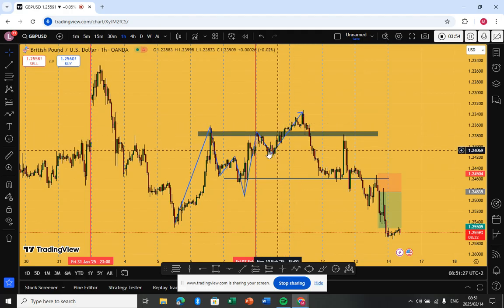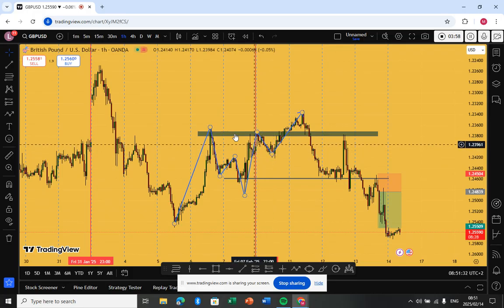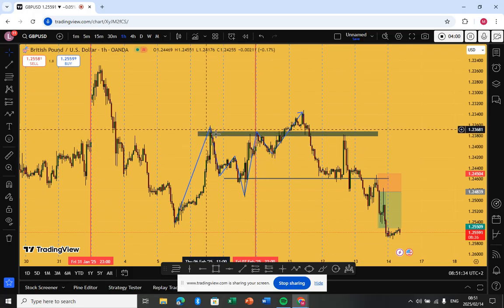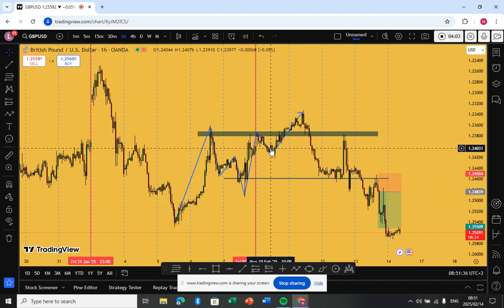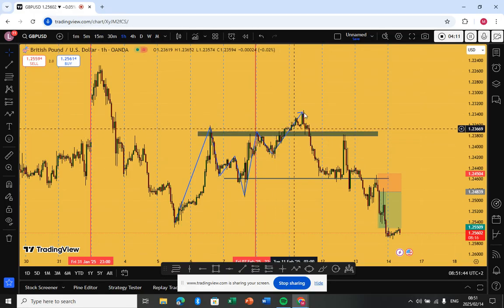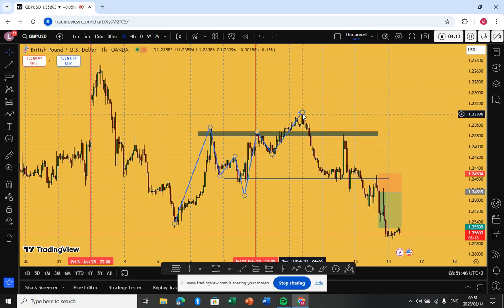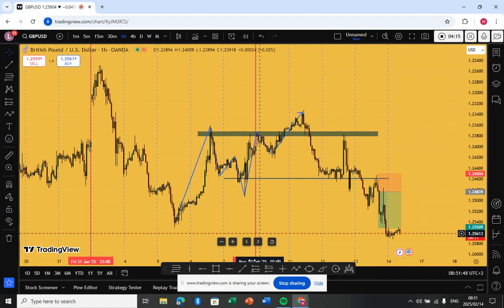I won't mention this higher low because it's within this bigger high. I won't talk about it because I feel the market has not decided the direction yet when it's doing something like this. Now we have concluded that the market is bullish.